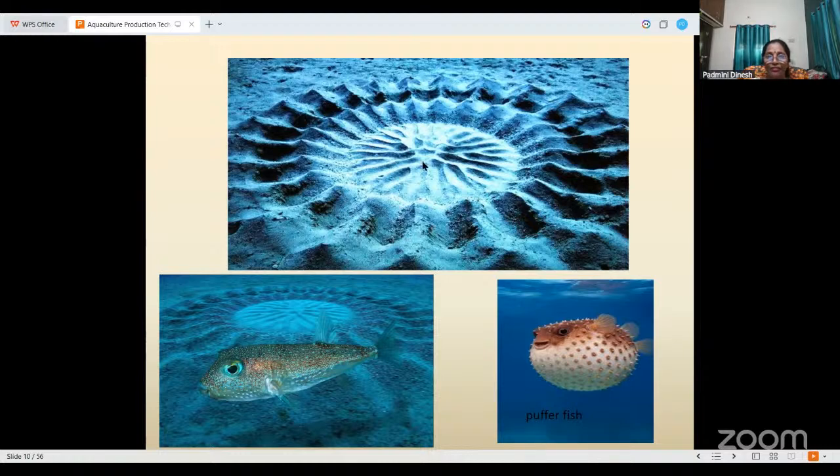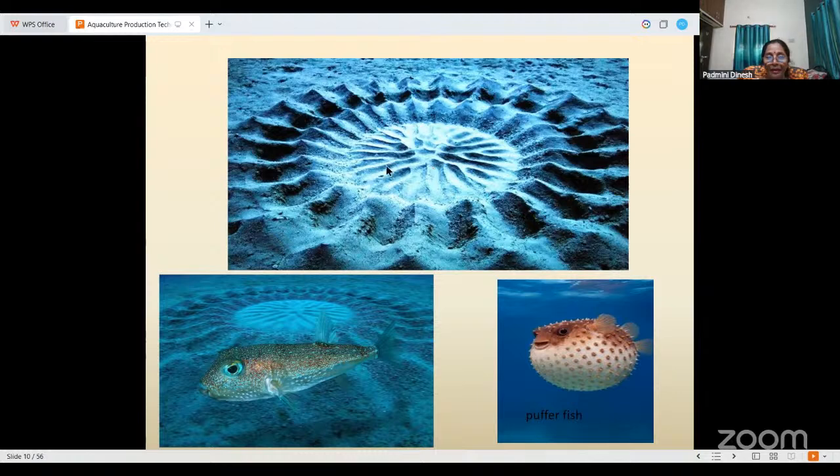Now, why this shape? In the center, you have a place where the female is going to lay its eggs. Because of this shape, whatever the water current, whatever the force, the eggs are not going to be disturbed, because there is a wall around them. All the eggs stay safe there. So this is the beauty of the nest spawners, the nest breeders.